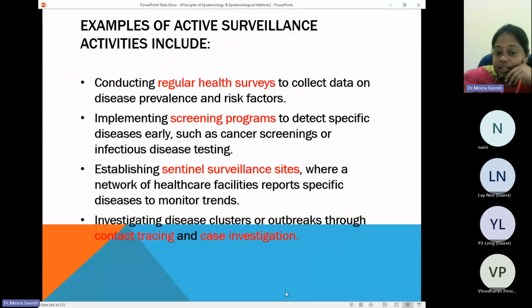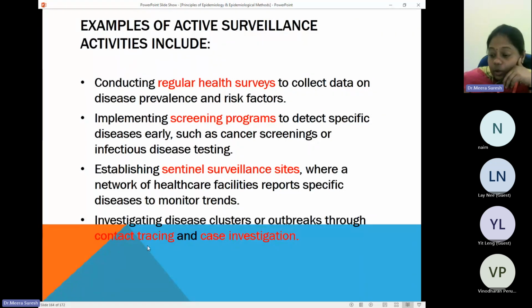Then they can establish sentinel surveillance sites. Sentinel surveillance sites means they may not be going to every hospital, but they may select one or two healthcare facilities, and they will go to that area to collect their data. And also contact tracing and case investigation.